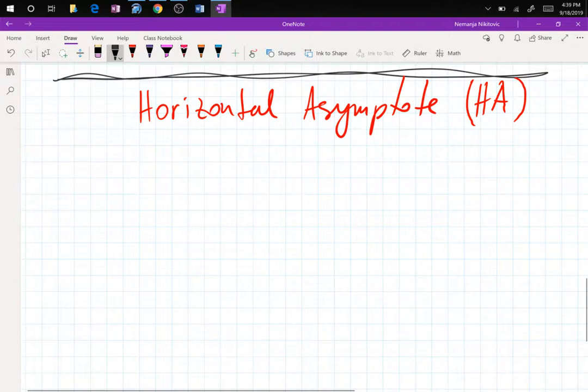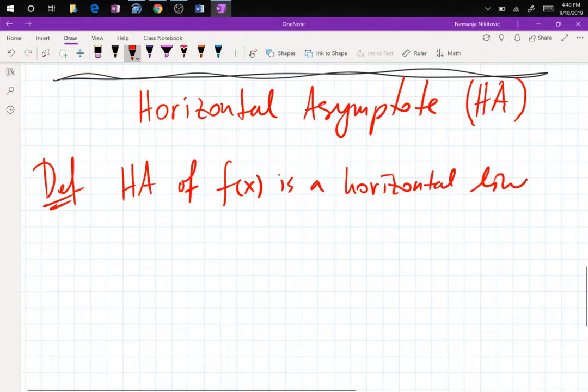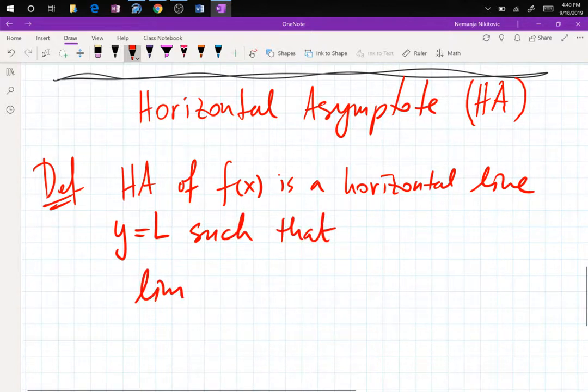Anyway, horizontal asymptote. So let's go. Definition, theorem, whatever. Definition, I guess. So, horizontal asymptote of f of x. Yes, I remembered it. So, a horizontal asymptote of function f of x is a horizontal line, y equals capital L, such that the limit as x goes to positive or negative infinity of f of x is equal to L. That's it.